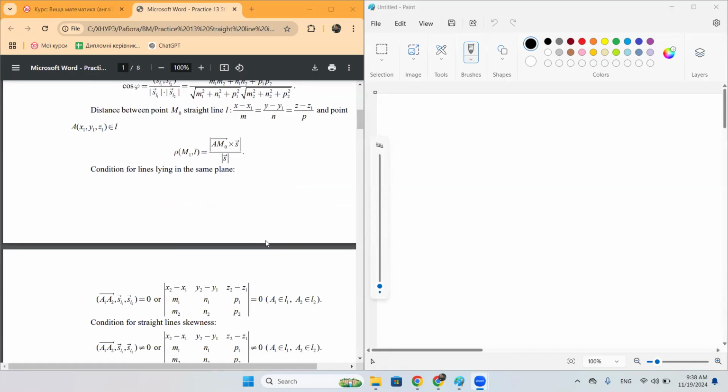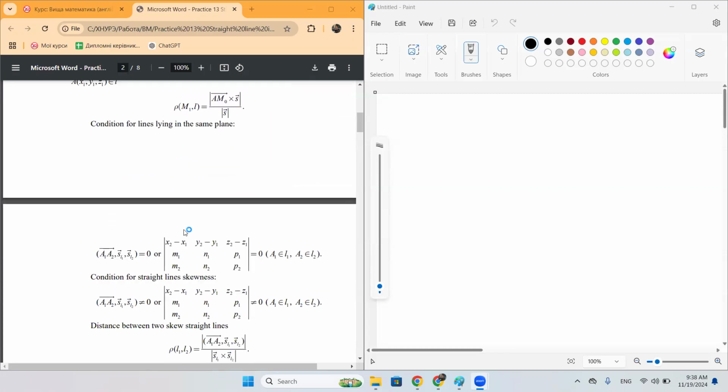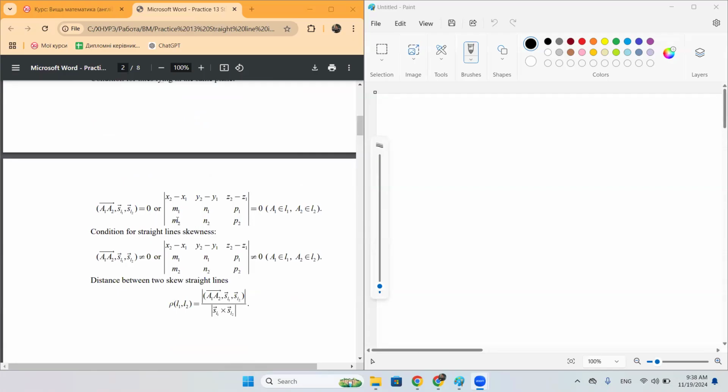And here is the condition for lines lying in the same plane. Just as you can see, coplanarity of three vectors basically. So S1, S2 are direction vectors of two lines, and A1, A2 are points that belong to straight lines L1 and L2 respectively.